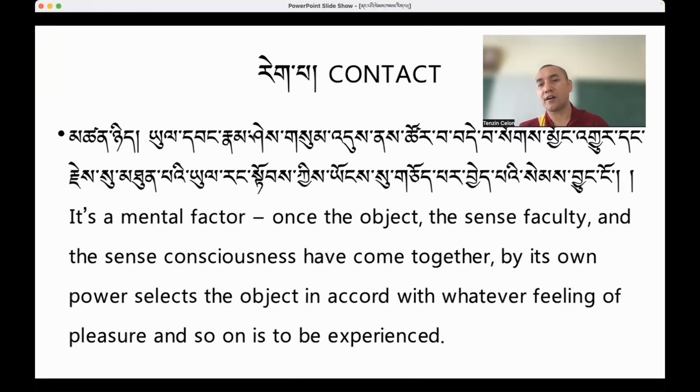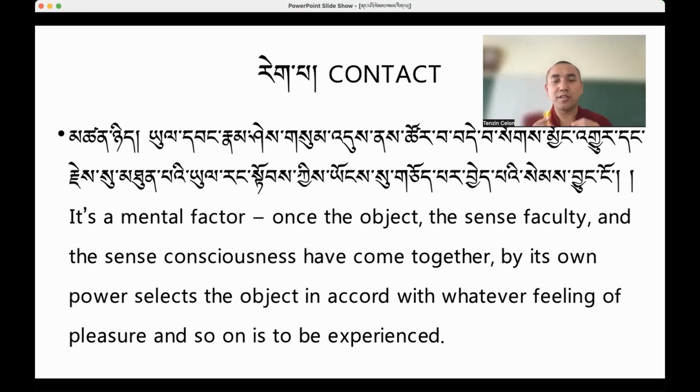So what is contact? Contact is when your sense faculties, objects, and consciousness come together. Contact allows our mind to meet the objects.